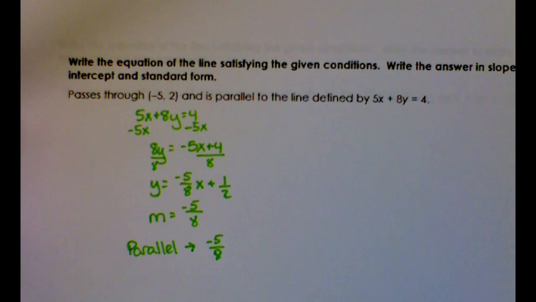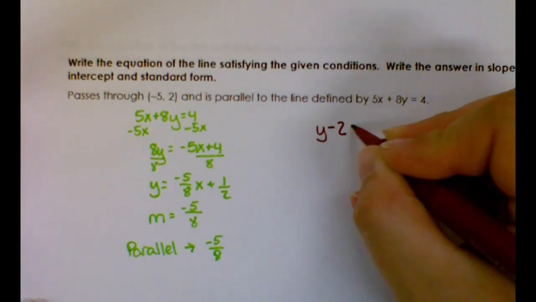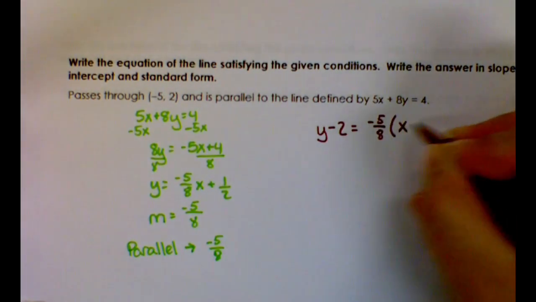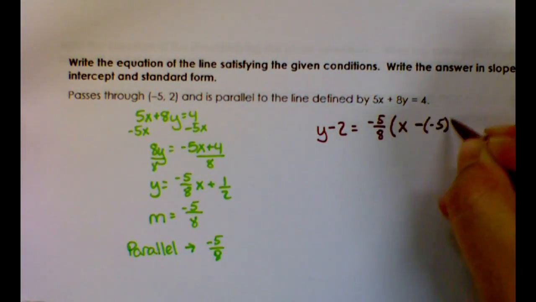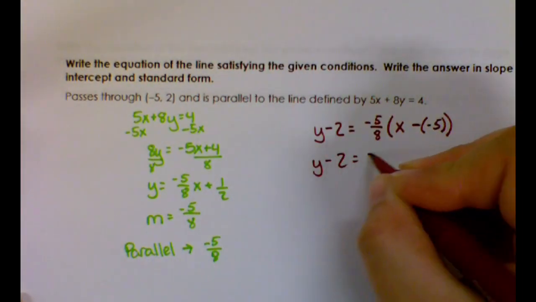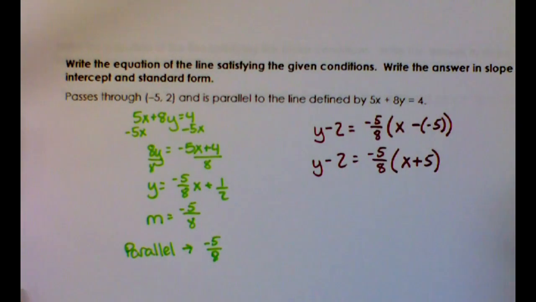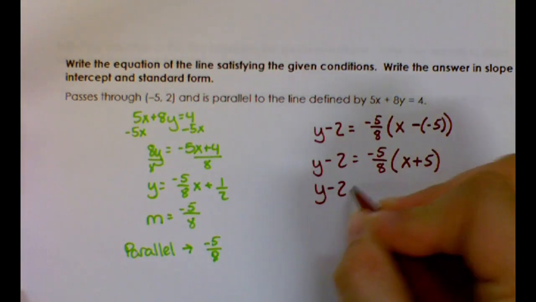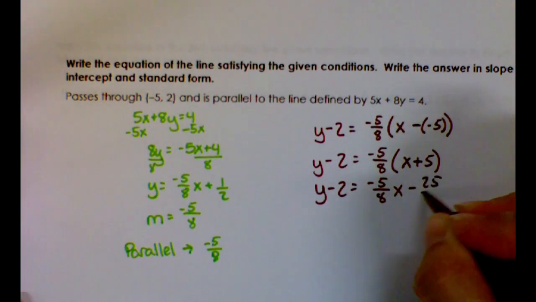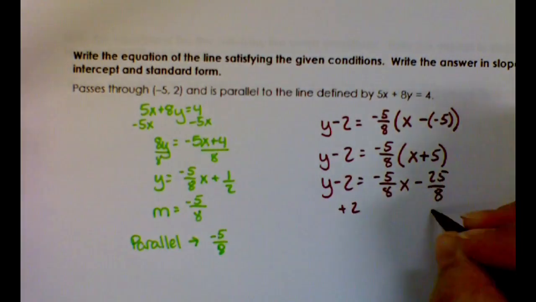I take my point, negative 5, 2, do y minus y1, which is 2, equals my slope, negative 5/8, times x minus x1, which is negative 5. Double negative becomes a positive, so x plus 5. Distribute my negative 5/8. Ooh, 25/8. Not a super pretty number, that's fine. We'll add 2.